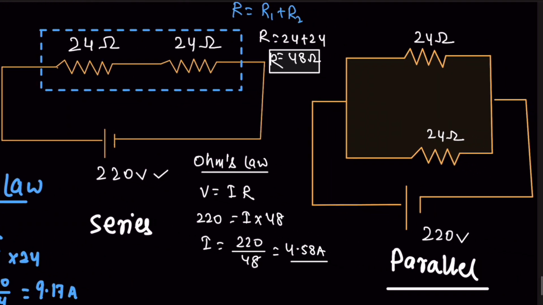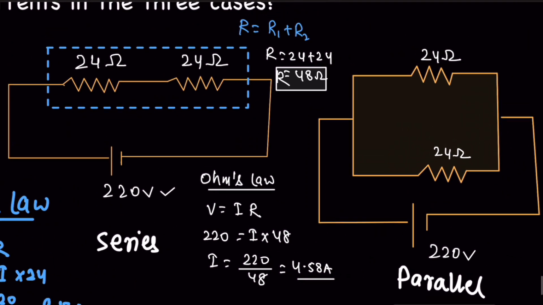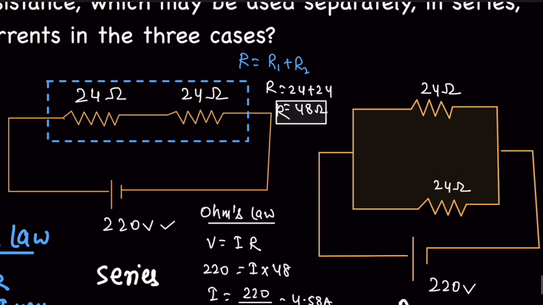Now in the third case where we are using the parallel arrangement. In parallel arrangement, if we have to find the total resistance, we can say that 1 by R equivalent is equal to 1 by 24 plus 1 by 24. So 2 by 24, 1 by 12. So R equivalent is equal to 12 ohm.